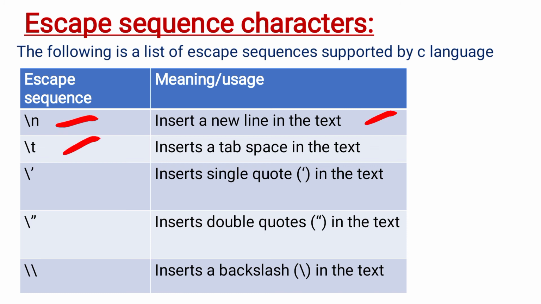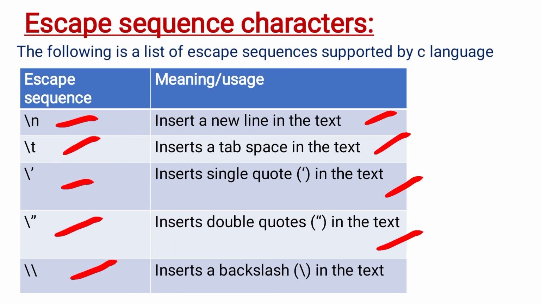Next, \t is used to insert a tab space inside the text. \' is used to insert a single quote in the user defined text. \" is used to insert double quotes inside the text.